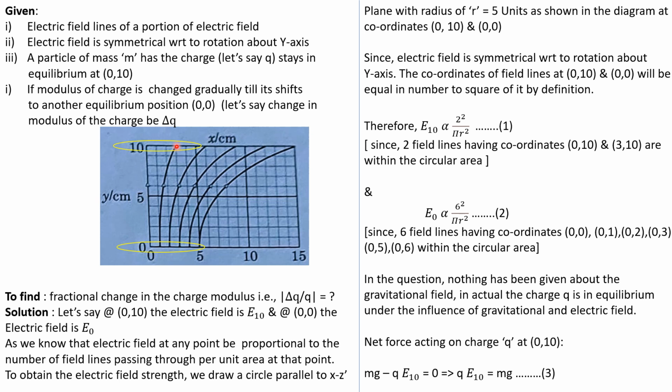So from the rotation symmetry about the y-axis, the number of field lines will be the square of it. So electric field strength at 0, 10, that we have represented as E10, will be proportional to 2 square divided by pi r square, the area.